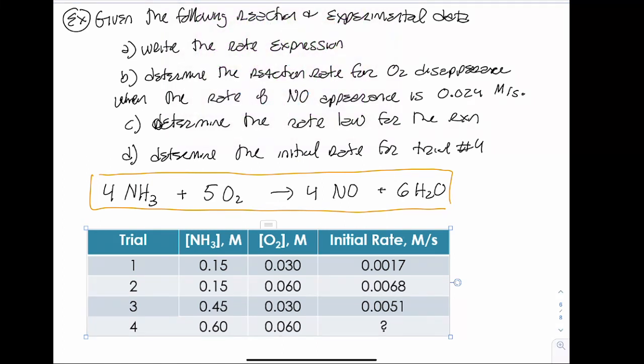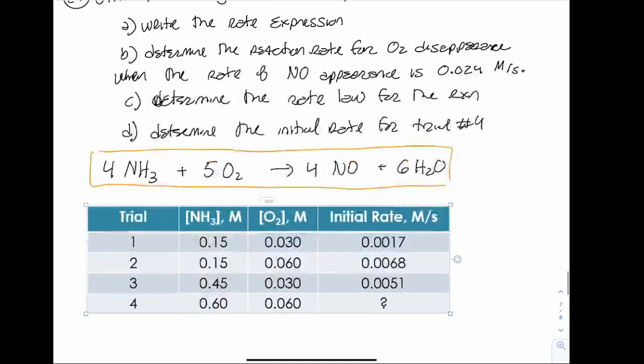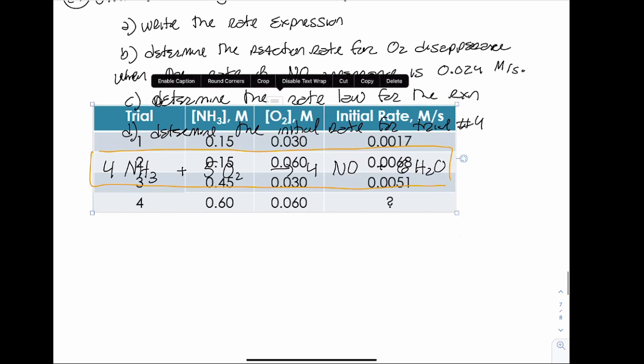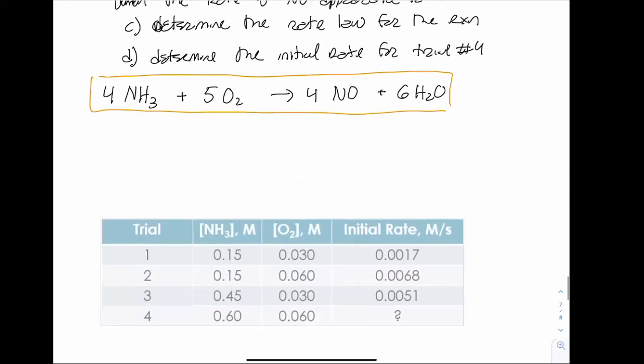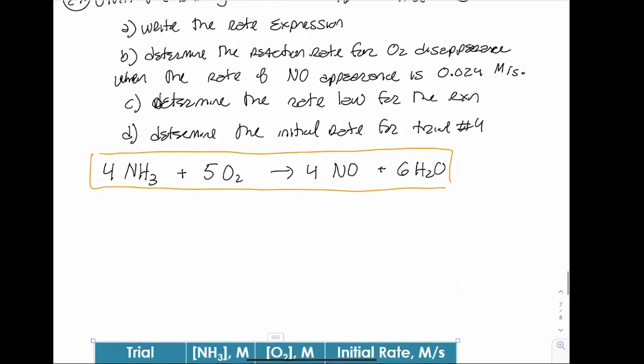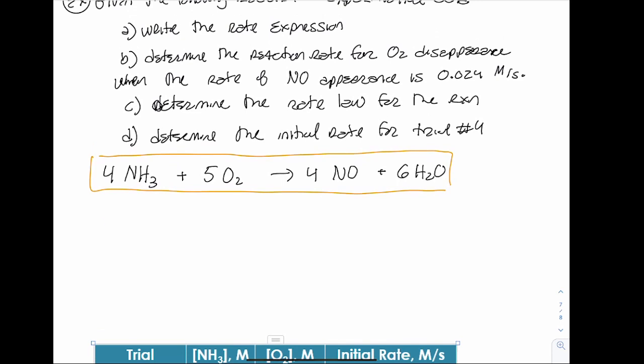So rate expression, that's the first part where we're going to look at changes in concentration over change in time. So my rate expression, and I'm gonna actually move this down and put the rate expression above it. So it's gonna be the word rate. And it doesn't matter the order that I put these in.